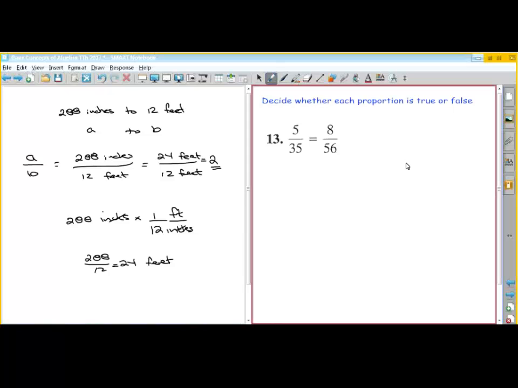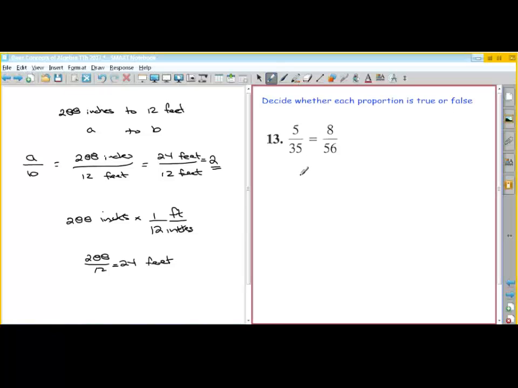Okay, the next bunch of problems just asks you whether proportions are true or false, and we do use the cross multiplication test for that. Rather than trying to simplify these down, which would be the other way of doing it, where you simplify these two fractions or ratios down to their simplest terms, what they're looking for you to do is just cross multiply.